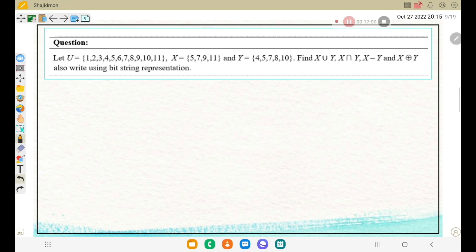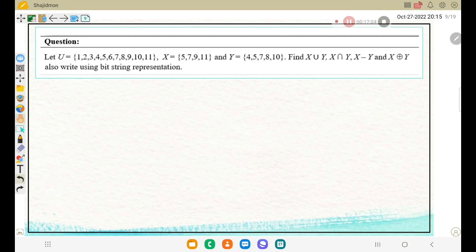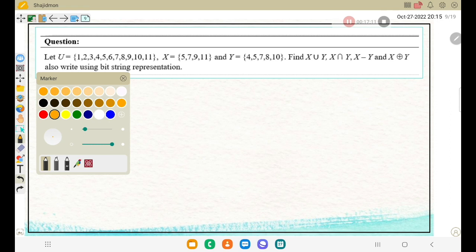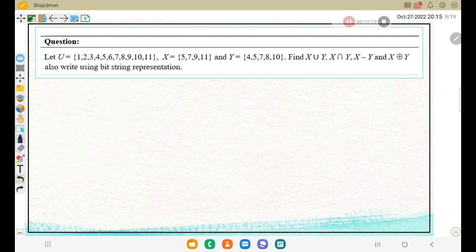Now let me go to the next one. Let U, the universal set, equal 1, 2, 3 up to 11, X equal to 5, 7, 9, 11 and Y equal to 4, 5, 7, 8, 10. What is the question? Find X union Y first. Okay, what is that set we need to calculate?